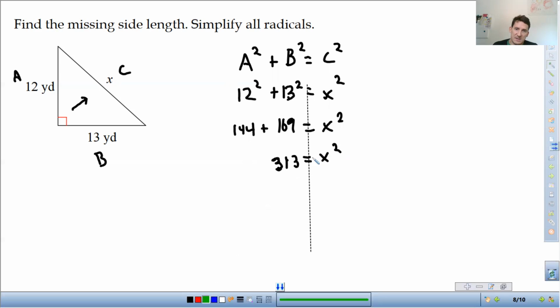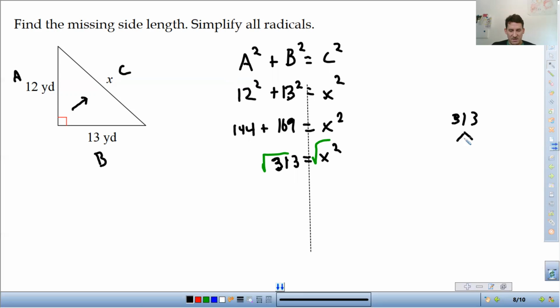Square root both sides. Square root of 313. That is not a perfect square, so we need to do a buddy system on it. So I'm going to do a factor tree over here. 313. What are numbers that divide 313? We'll start with 3. No. So I'm just doing this on a calculator. 313 divided by 7. No, that doesn't work.